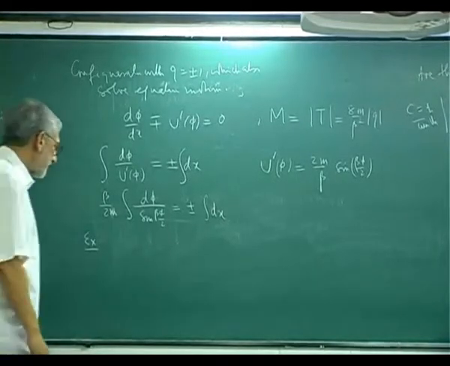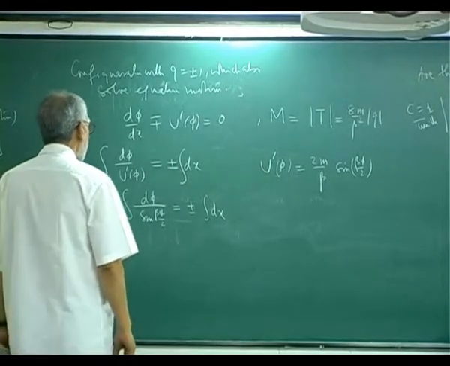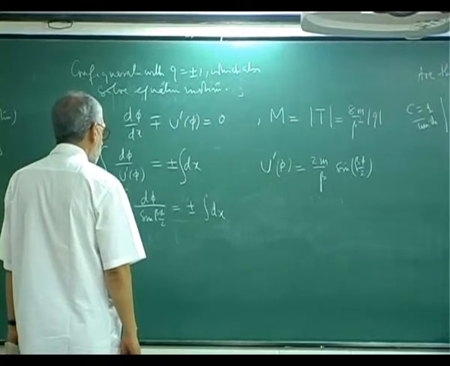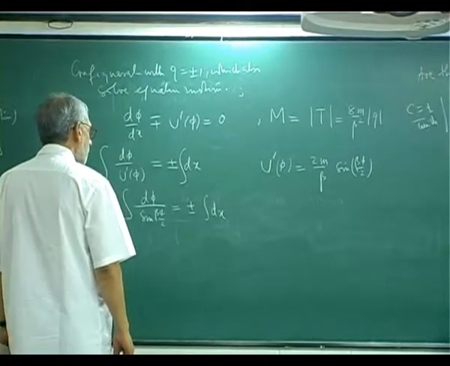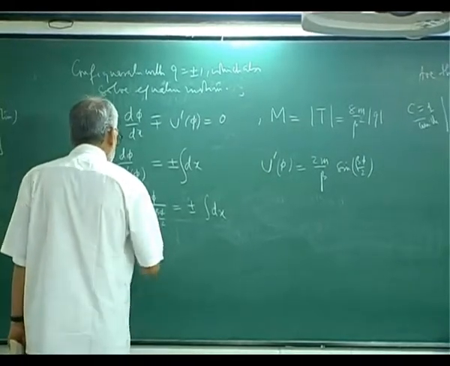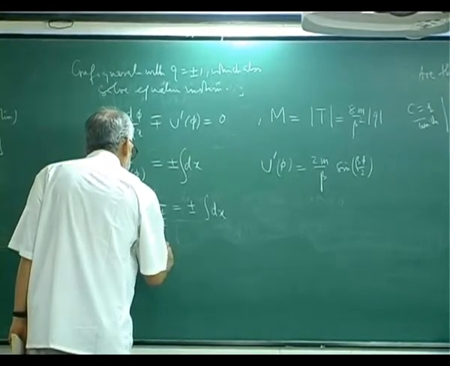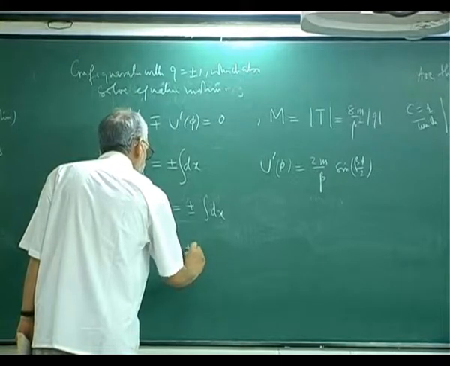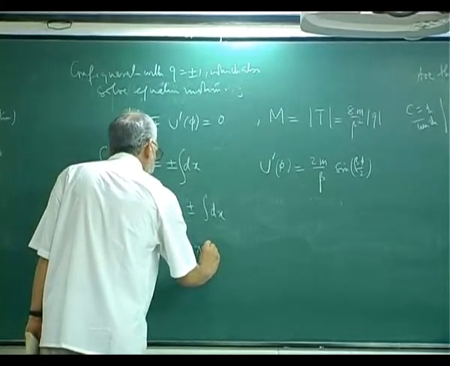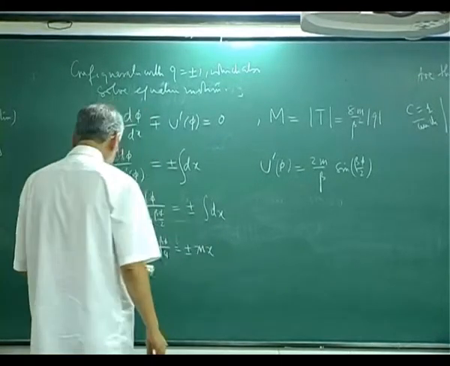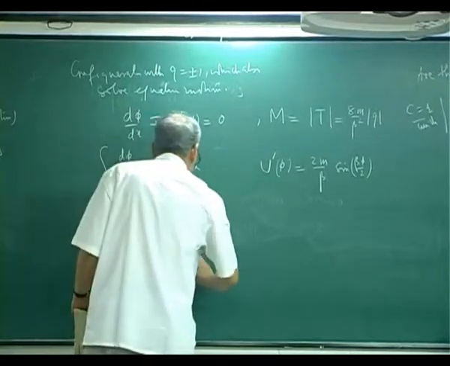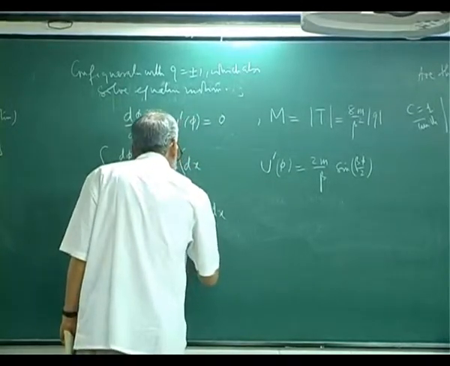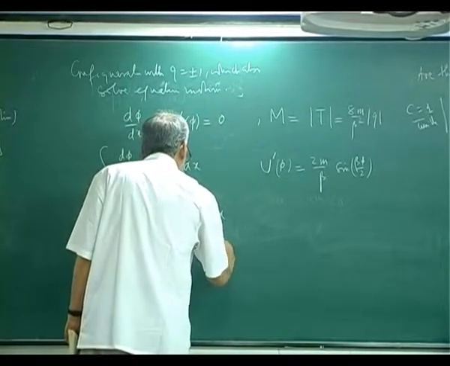Do this integral, and the solution of this thing is given by tangent beta phi by 4 is plus minus exponential plus minus mx.